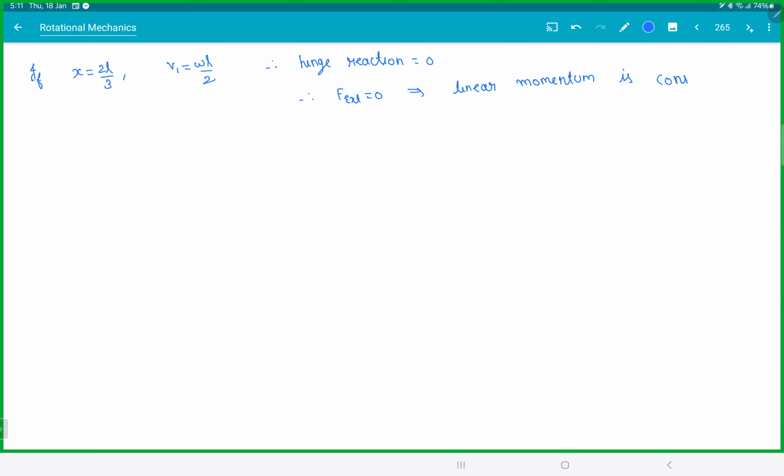This itself will be a very good question. Where should the ball collide so that the momentum of the system is conserved? Now something more interesting happens. Suppose x is greater than 2L by 3, then you will get V1 greater than omega L by 2. What is it? The reverse.